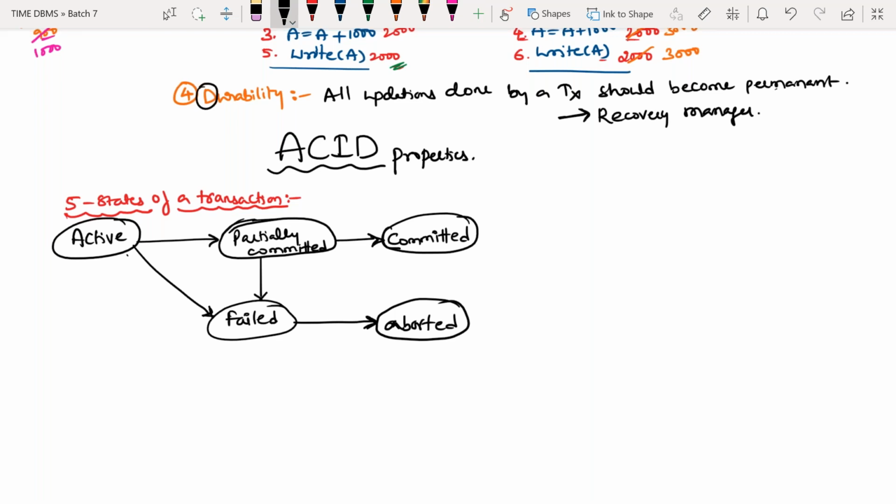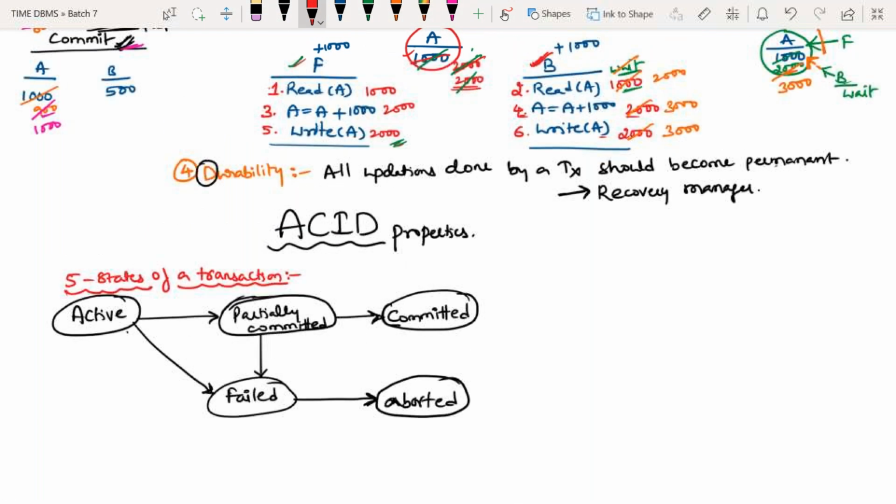Now we will understand how transactions are going to be executed. Previously I showed you the way the operations of transactions execute. This is the F transaction and this is the B transaction, and F and B are executing in this way. First an F operation is executed, then a B operation, again F, again B, again F, again B. This continues.